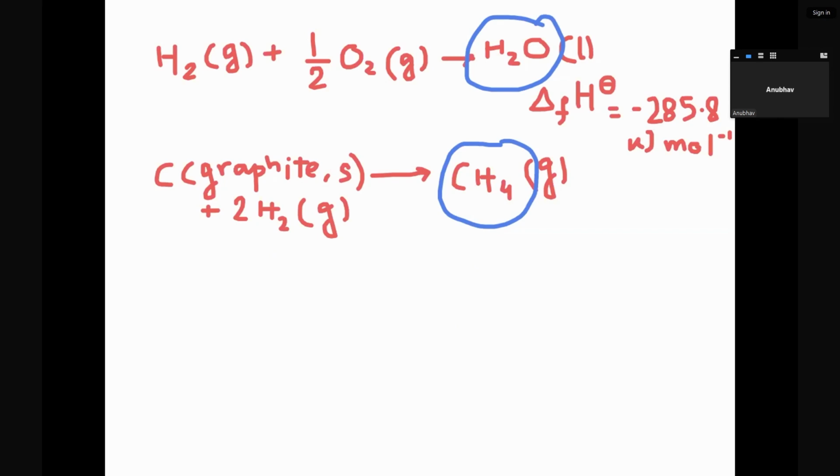So for this reaction, the ΔfH° will be minus 74.81 kilojoule per mole.